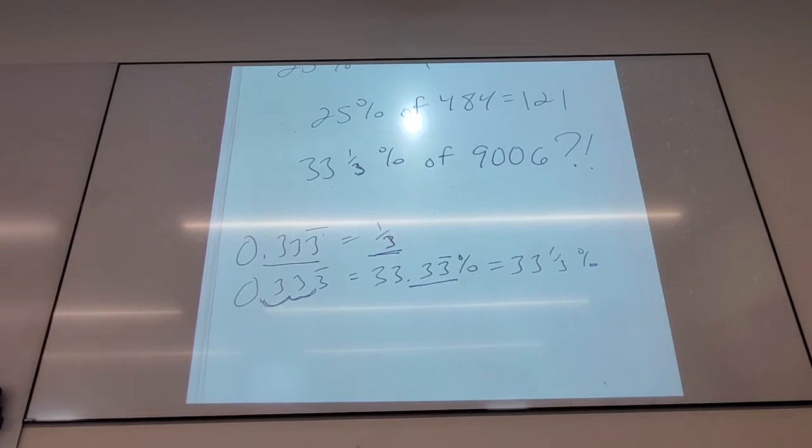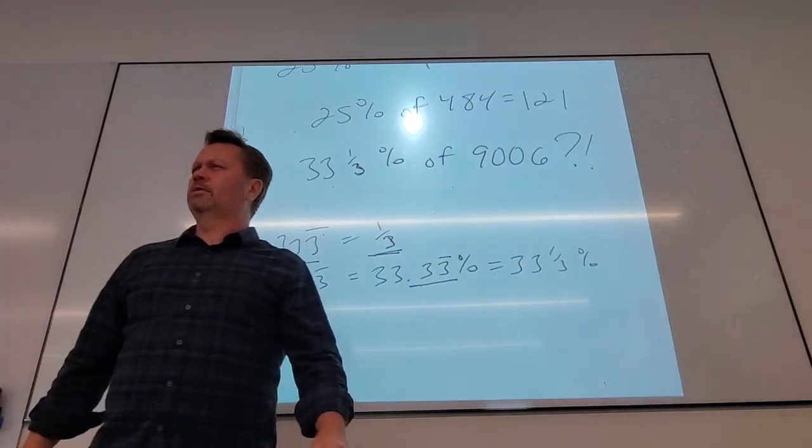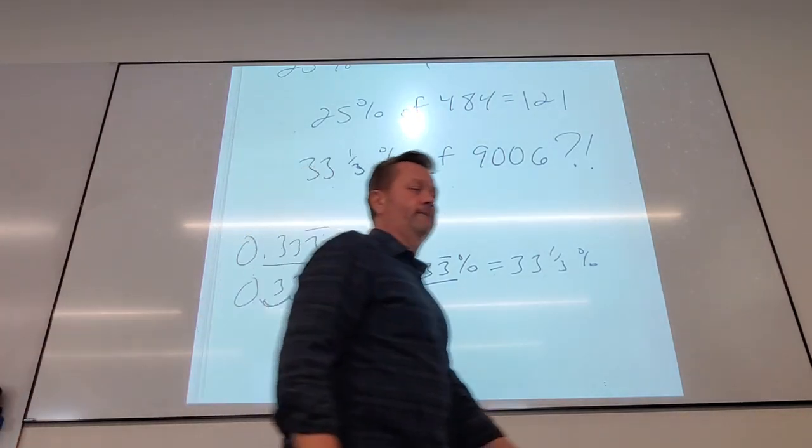All 33 1/3% is a bunch of 3's forever, which is what 1/3 is. So what's 33 1/3% of 9,006? 3,002. Yes?